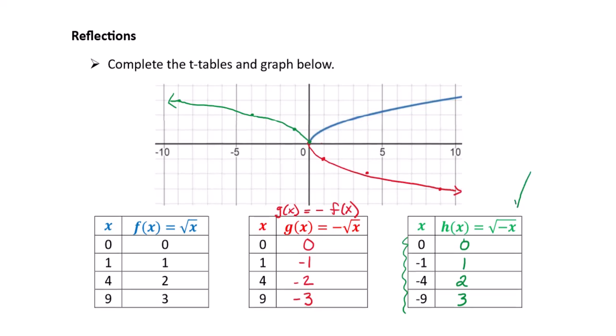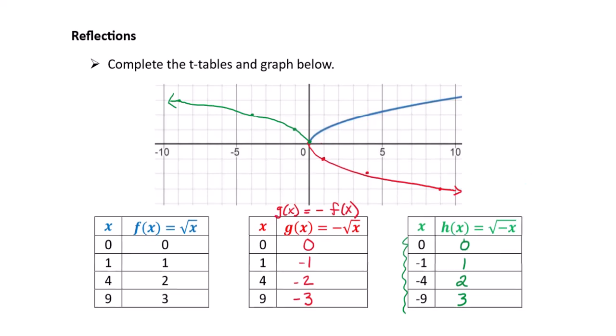Remember, when you're grouping any kind of transformation in the grouping symbol, here our grouping symbol is the square root, when we're grouping that transformation with the x, it's going to affect the graph in an x type of way. And in this case, it's a reflection.